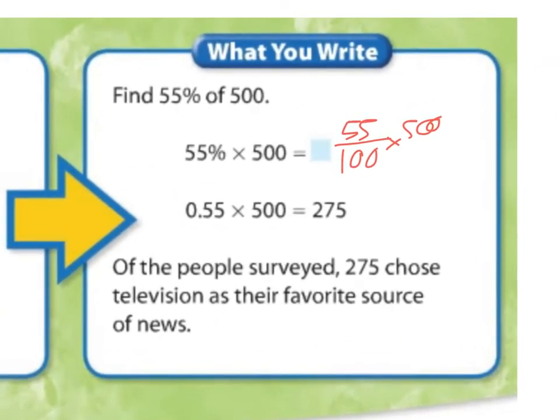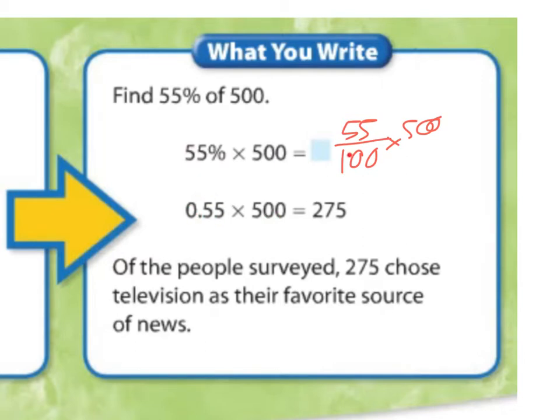What we would do to find 55% of 500 is 55% of 500. I could think of this two ways. Glad we worked on that beforehand before we went to chapter 19. Then we can simplify here, or you could think about it as 55% of 500. Why is this 55%?